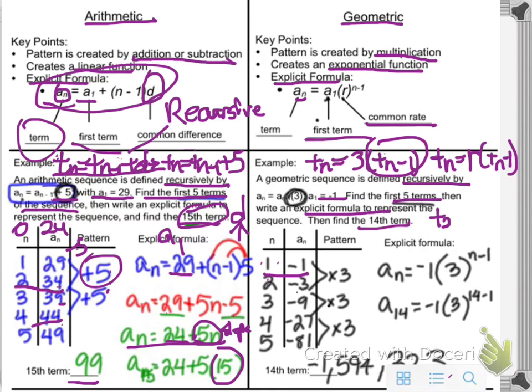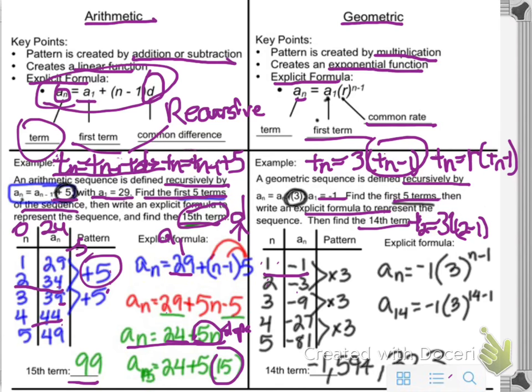My second term is equal to 3 times my second term minus 1, which is just my first term.